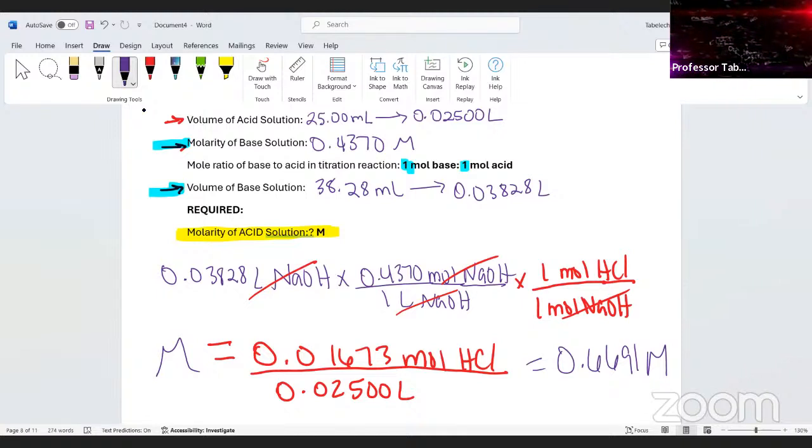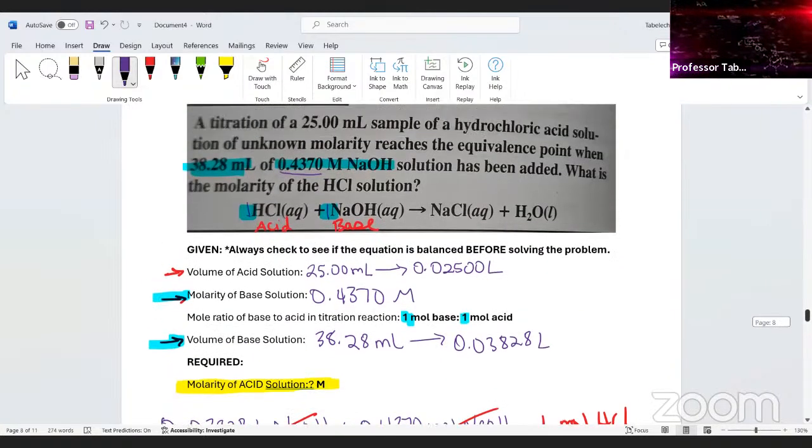That's something we talked about when we were discussing stoichiometry a couple of weeks ago. So when it comes to mole to mole ratios, you've got to read your problem and look at what's given. And you always want to check to see if the equation is balanced before solving the problem.